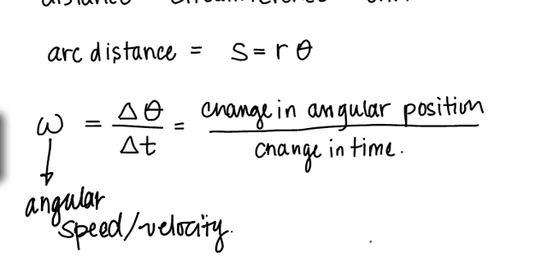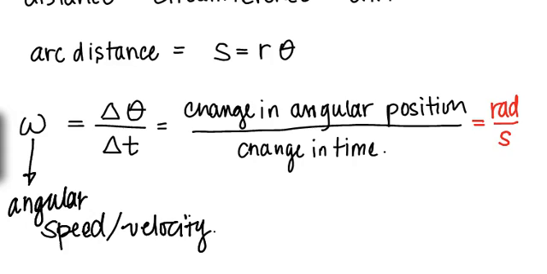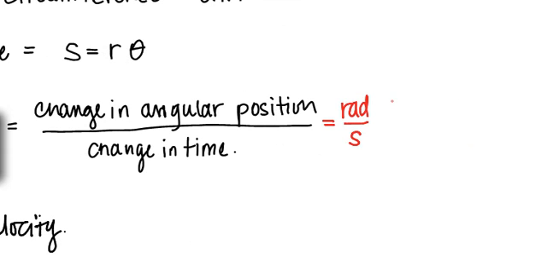Now, what would its unit be? Well, let's see. What is theta going to be measured in? What unit do we have to measure theta in? Radians. Per second. Now, truly, radian is a non-unit unit. I know that sounds crazy, doesn't it?